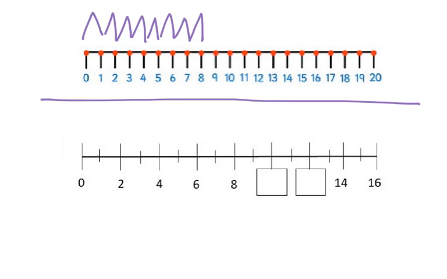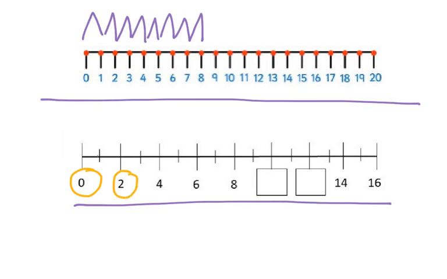Now if we look at the next number line, this is a little bit different. I'm looking at this number line and I'm using my number knowledge. So it's always important to go back to what you know. Here I can see my number line starts at 0, and the next number I can see is 2, and then the next number I can see is 4.